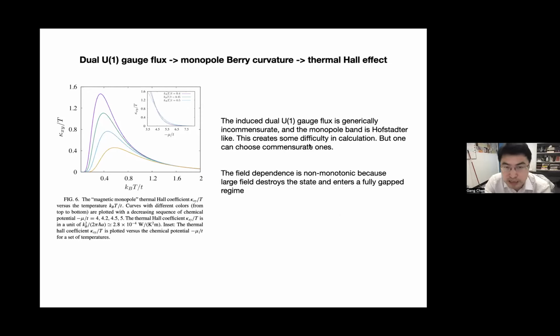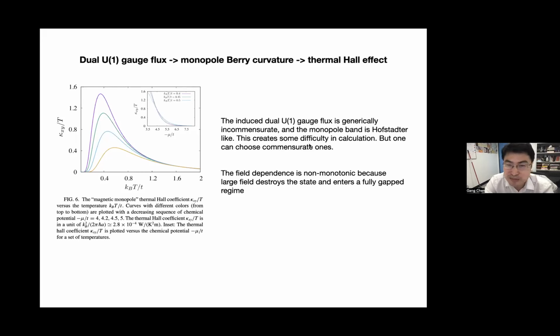So in order to see that, you need to make sure the monopole can be used as a more or less well-defined, good quality particle to capture the transport, right? If your magnetic field is strong enough, if your temperature is large enough, the thermal fluctuation will kill the state, right? Then this quasi-particle gauge coupling picture is no longer a good description of the low energy physics. So you cannot use that to capture your transport.